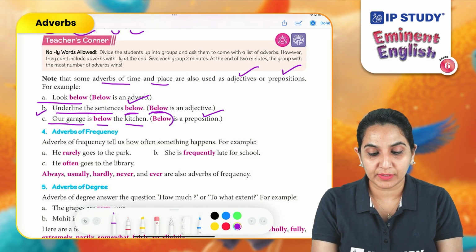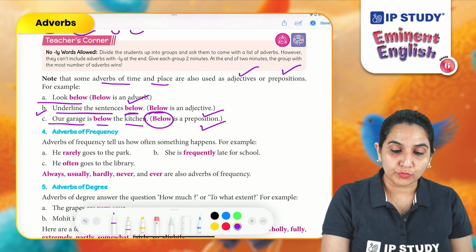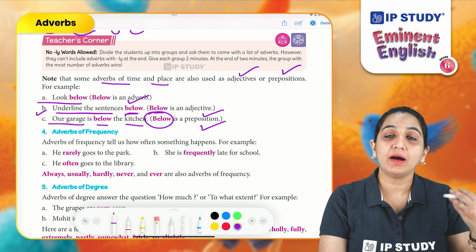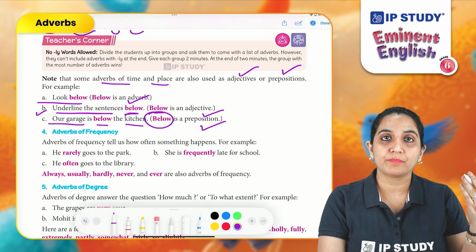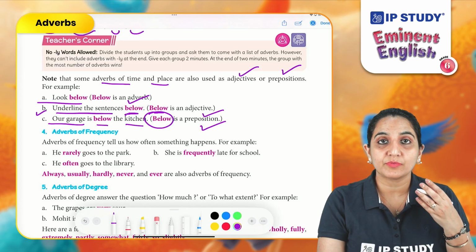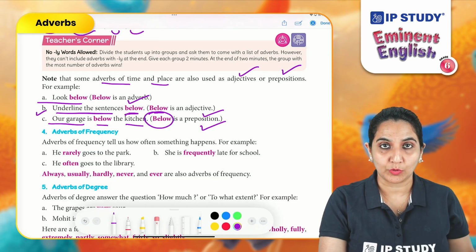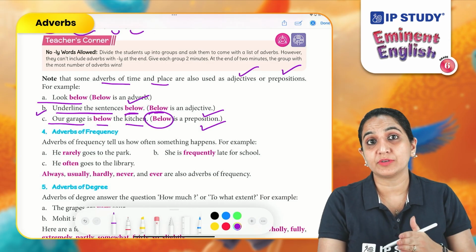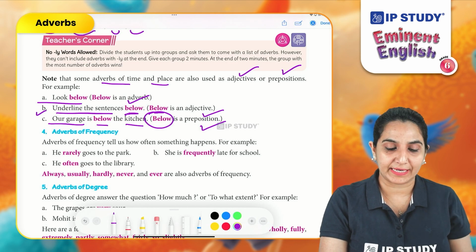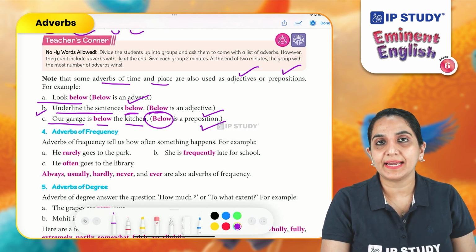Now, here below is a preposition. So, my room is above Maya's room, or Maya's room is below my room. This is when we use below as a preposition. In underline the sentences below, below is an adjective because it is describing which sentences to underline. Look below. Now where to look? Below here is an adverb.